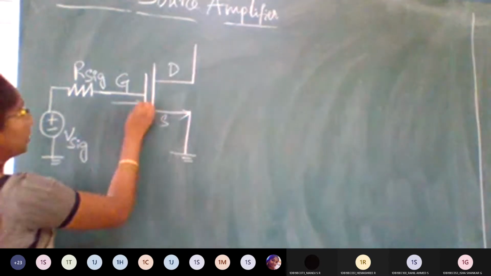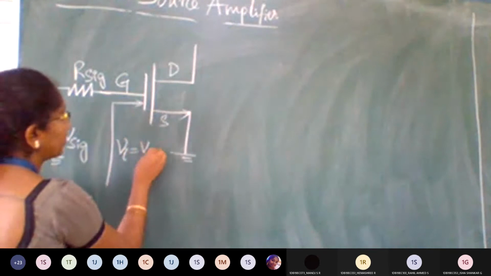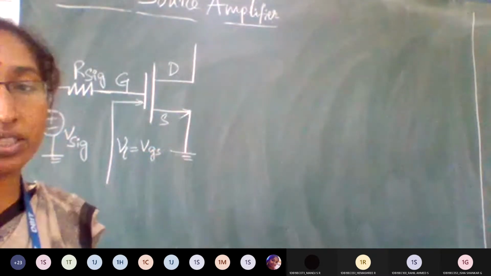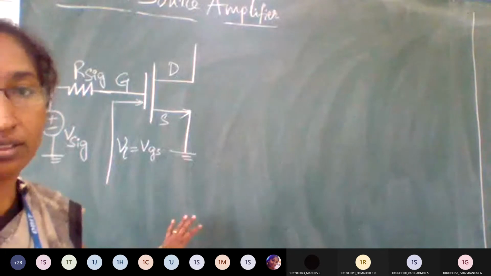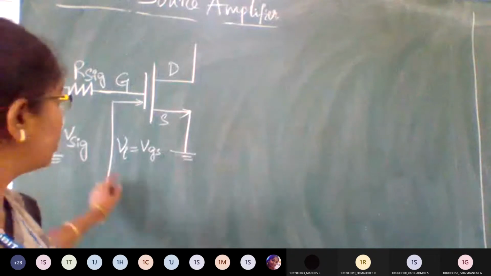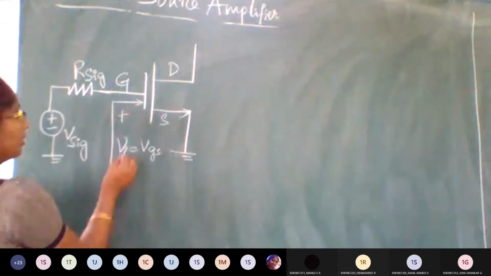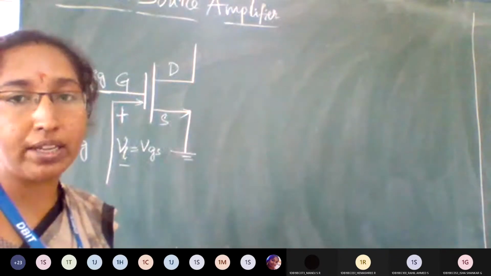At this particular point we are applying the input voltage Vi equal to VGS. My intention is to amplify. An amplifier is to strengthen the signal. So here Vi is equal to VGS. Next, where are you going to take the output? You have one more terminal left.